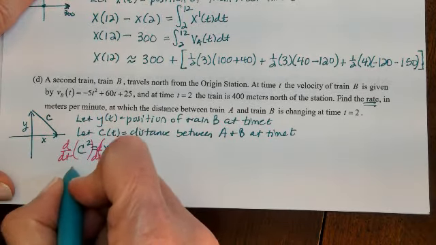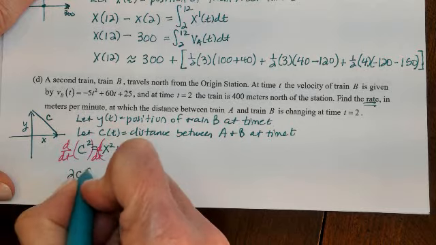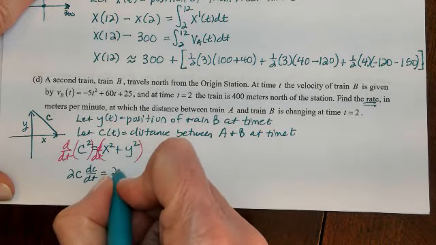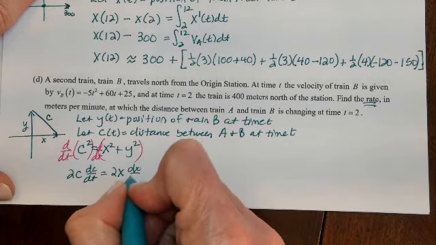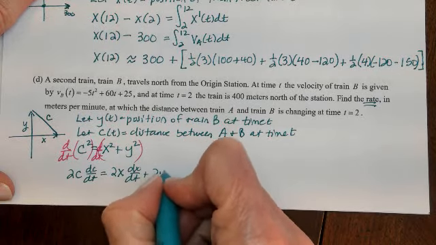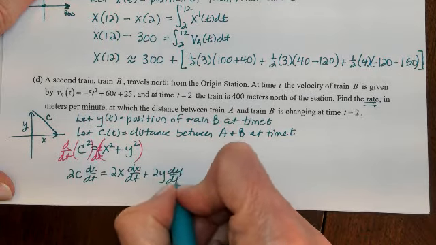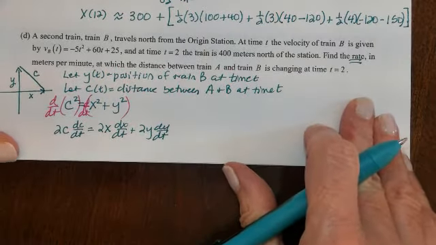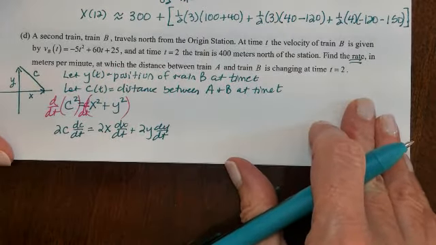So this will be 2C dC/dt equals 2x dx/dt plus 2y dy/dt. I can divide both sides by 2 and the 2's will be gone, right?